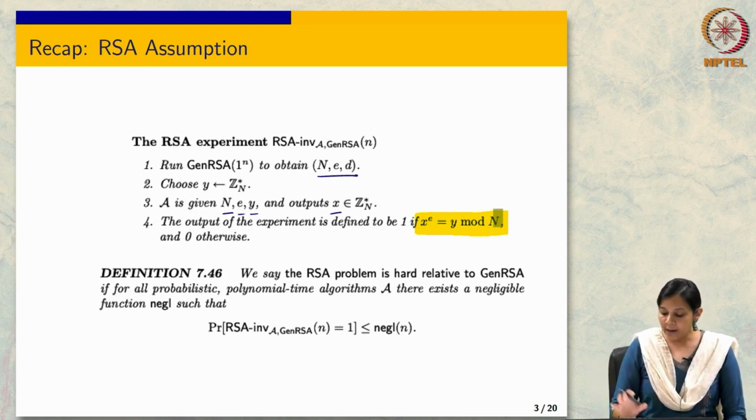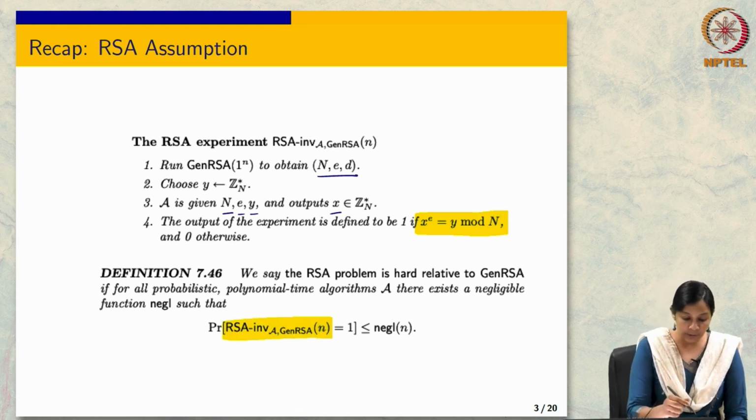And we said that the RSA problem is hard relative to this Gen RSA procedure if for any PPT algorithm A, there is a negligible function such that the probability that the adversary outputs 1 in the above experiment is negligible. I am going over this quickly now. All of these terms we have carefully defined, negligible and the rest.